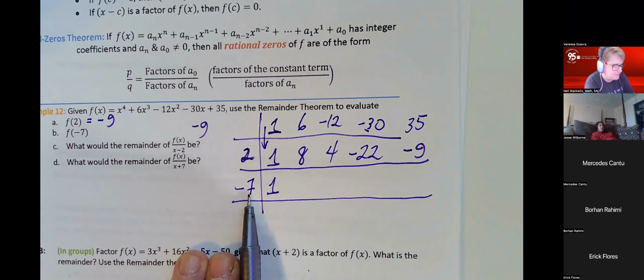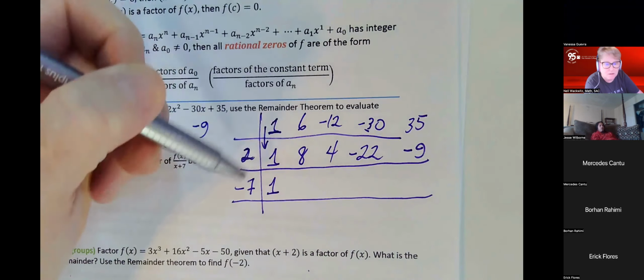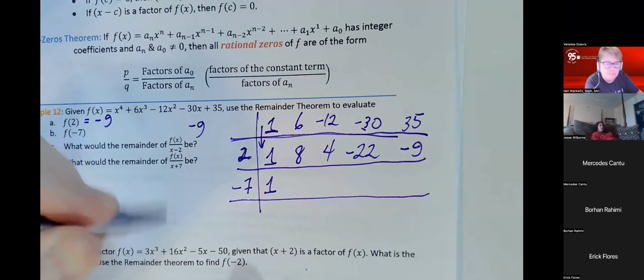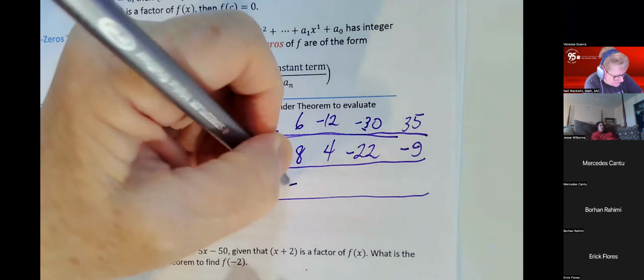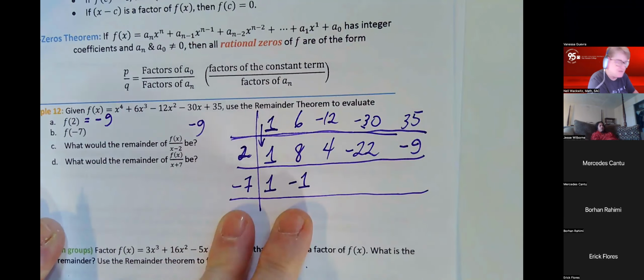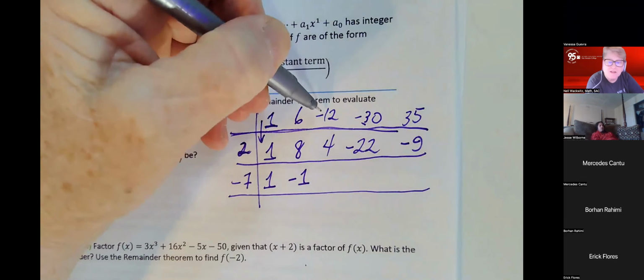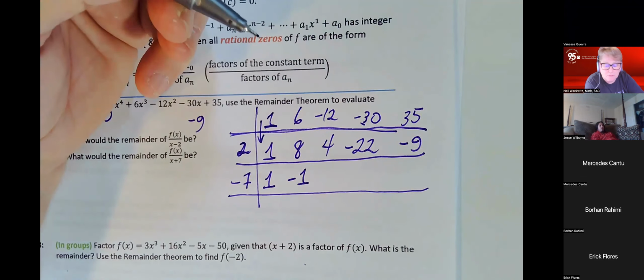So negative 7 plus 6 would be negative 1. Good. And then negative 7 times negative 1 is positive 7. Positive 7 plus negative 12 is negative 5.